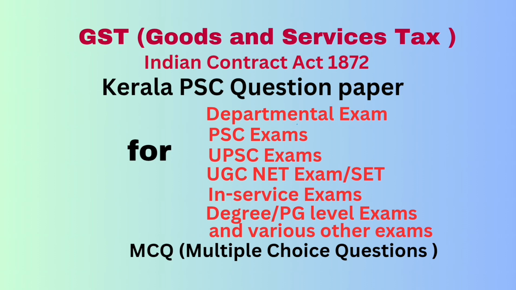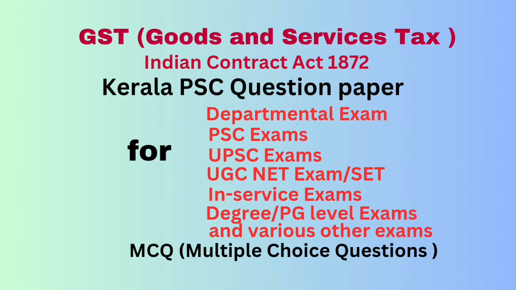Answer: contract of guarantee. Question number 82. The liability of the surety is coextensive with that of the dash unless it is otherwise provided by the contract. Answer: principal debtor. Question number 83. A guarantee which extends to a series of transactions is called a continuing guarantee.